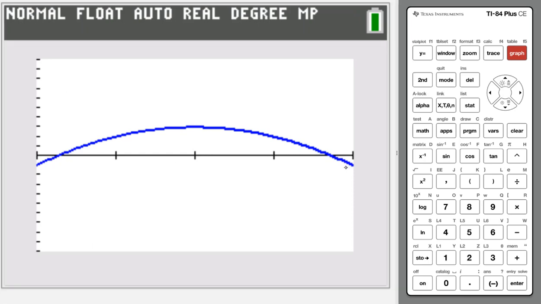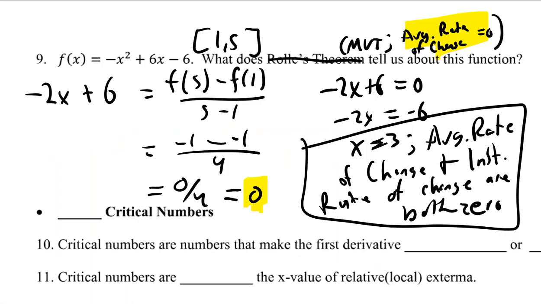So here's the average rate of change, which is 0. And then the place where the instantaneous rate of change is also 0 is at x equals 2. Or x equals 3.